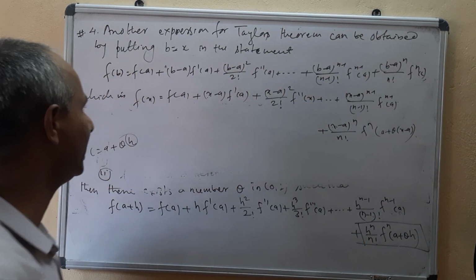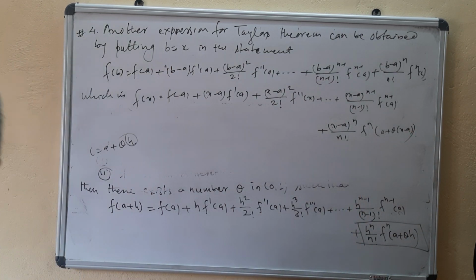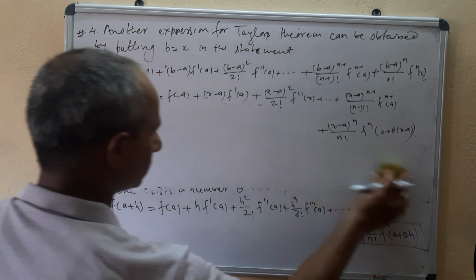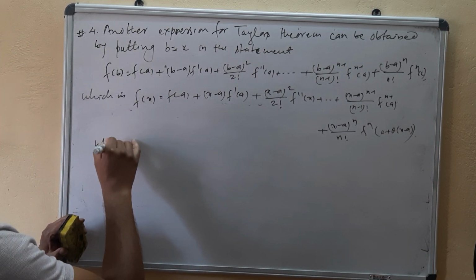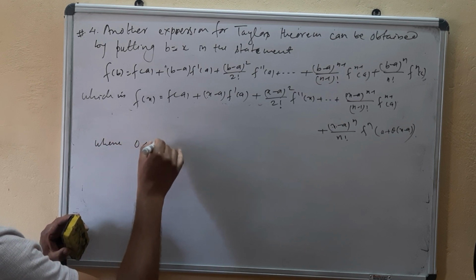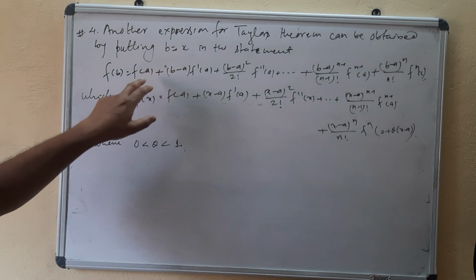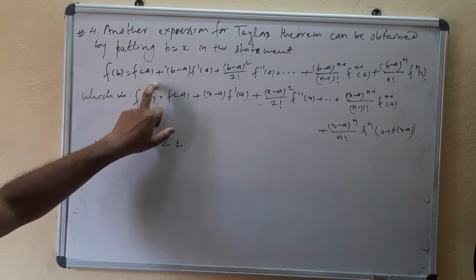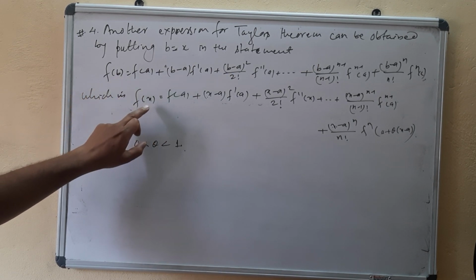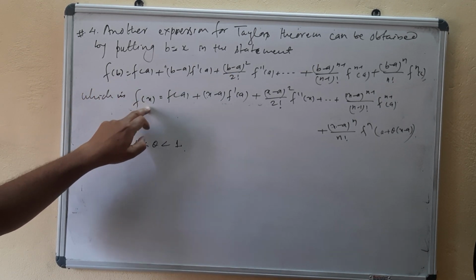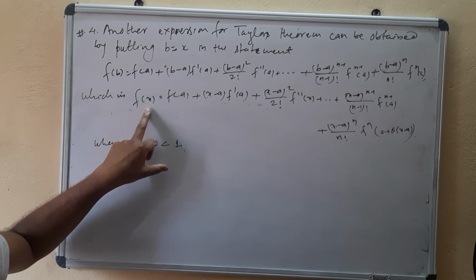Okay, we'll get this kind of expression where 0 is less than theta is less than 1. Meaning if you put b equal to x in the statement of this Taylor's theorem, which is defined on closed interval ab, we'll get this statement of expansion of f x in the closed interval a to x, isn't it?